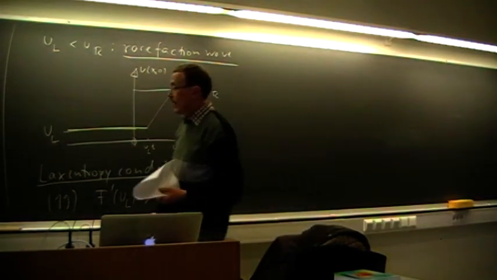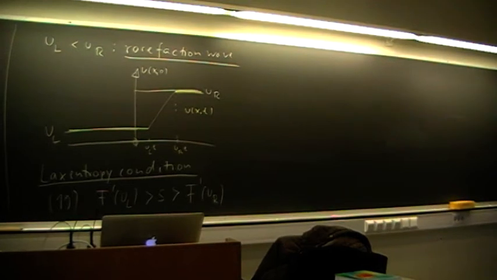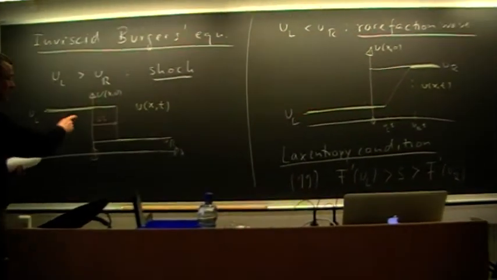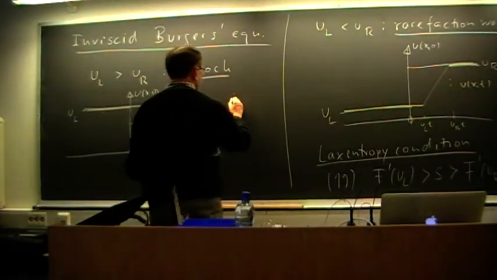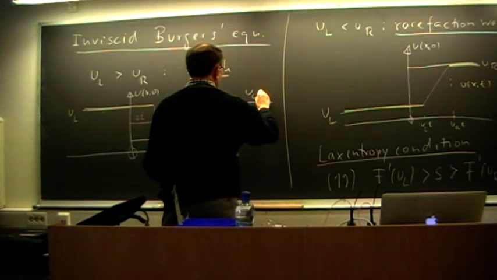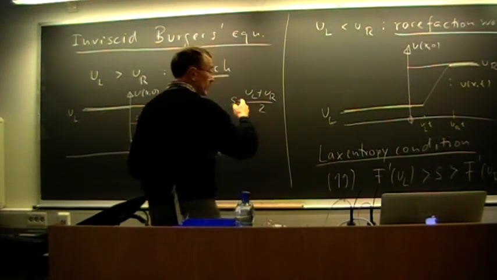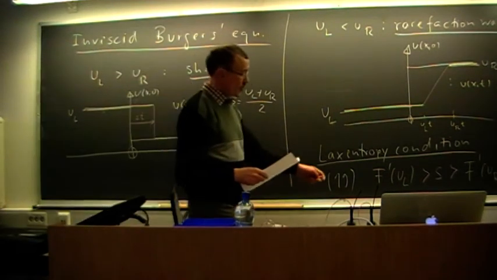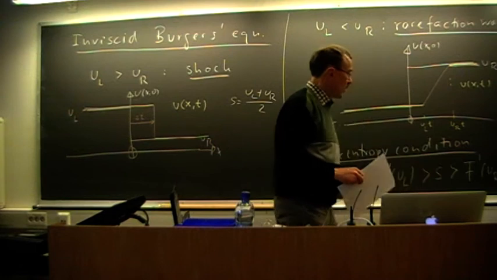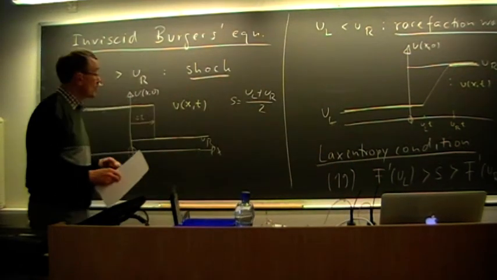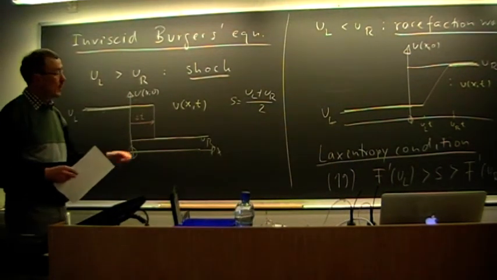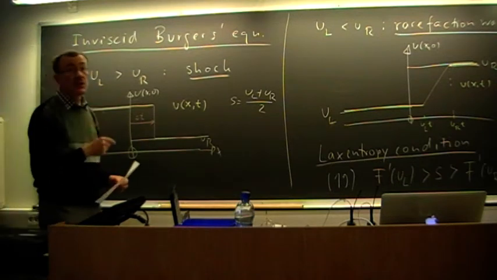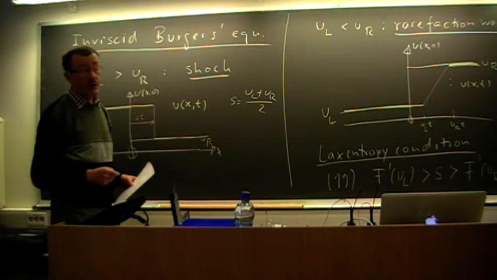So u_L on the left is clearly larger than s, because we found for the shock speed that it was (u_L plus u_R) over 2. That was the shock speed. So that is okay. And also the shock speed is larger than f prime of u_R, which is u_R. So that is okay. But we saw it is not okay if we assume an expansion shock.